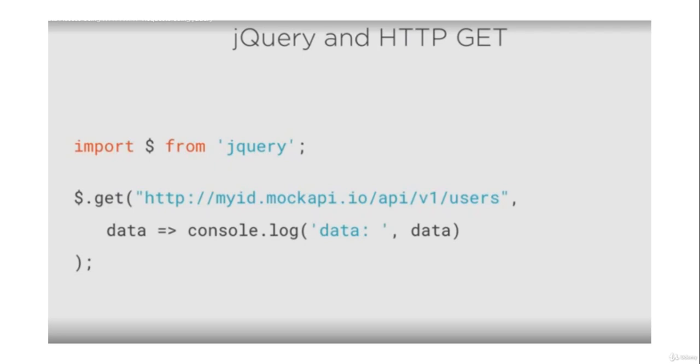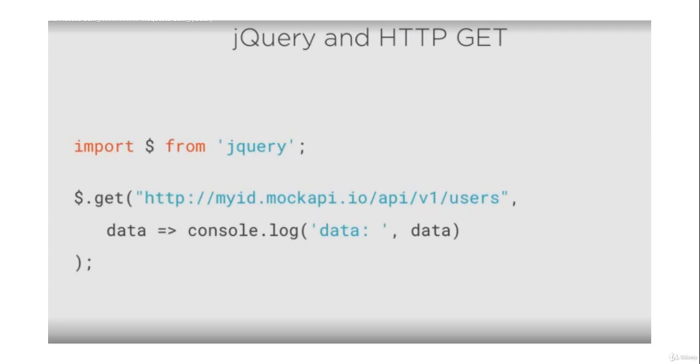We pass it the URL and we pass it a success handler. We will simply log out the data right here, and while this works, it's not the best way to use the get method. This method returns a promise, so we can go ahead and use that.